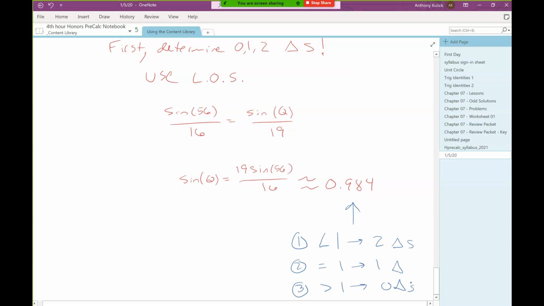So if that number, when I do the law of sines, before I take the sine inverse, is less than 1, I get 2 triangles. If that number is equal to exactly 1, I get 1 triangle. And if that number is bigger than 1, I get 0 triangles.